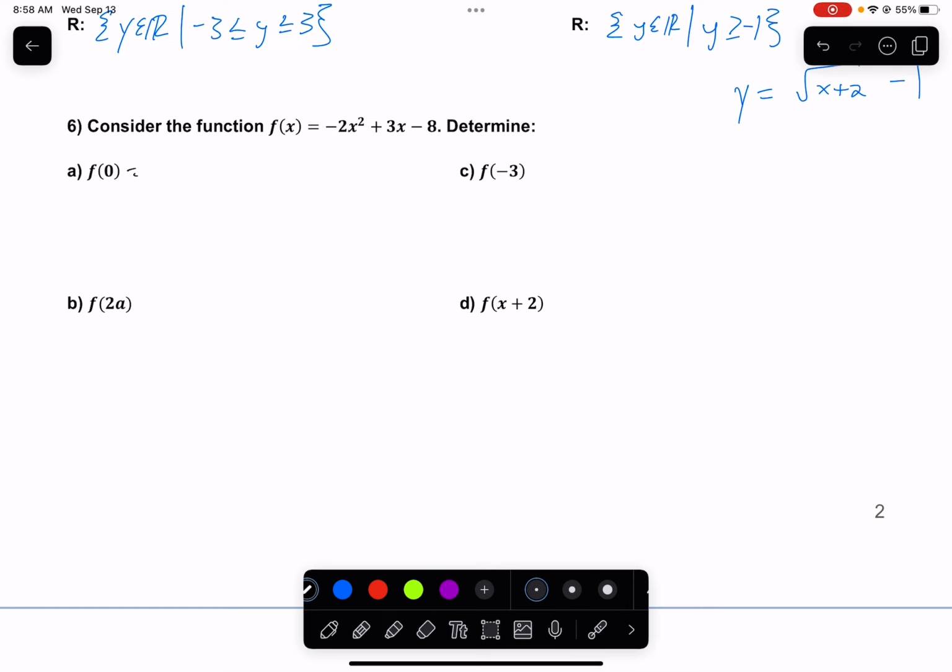Evaluate the function at f equals 0. We should see negative 2 times 0 squared plus 3 times 0 minus 8. So f at 0. What is that? What does that represent on the graph? There's a specific name for that. Let everybody have a chance to think about it.